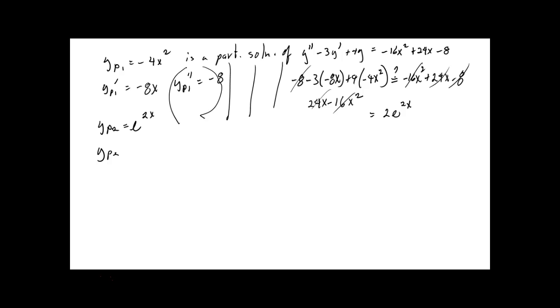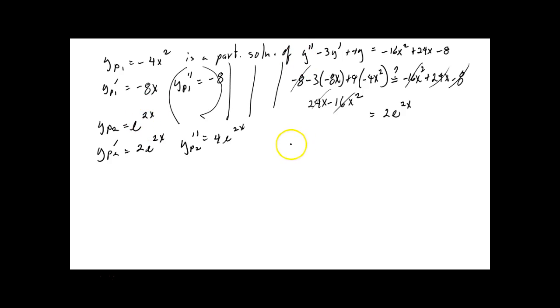All right. So y sub p sub 2 prime is equal to what? Y prime is 2e to the 2x, and y sub p sub 2 double prime is equal to 4e to the 2x. Let's plug that in here.